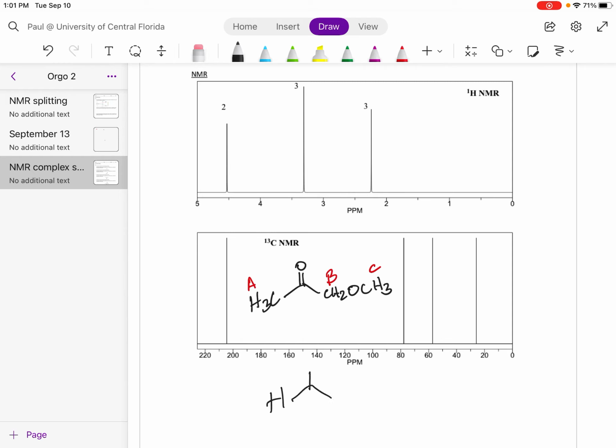So an aldehyde is directly attached to a carbonyl, and that is deshielded very strongly because of the molecular anisotropy, and that has a chemical shift around 9 to 10, right? But when you add a methyl group, those hydrogens are now one bond further away and doesn't have as strong an effect as when the hydrogen is directly attached.